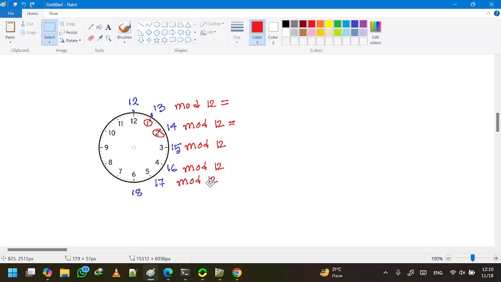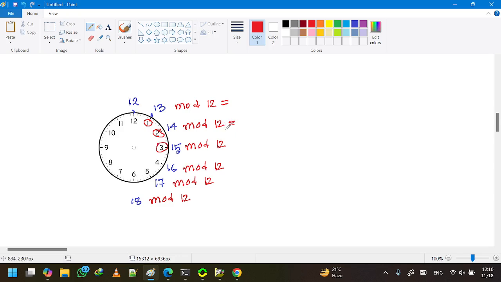Sorry, I don't know whatever I told. So 15 mod 12 is 3. 16 mod 12 is 4, and so on. In this fashion, we can find the values.